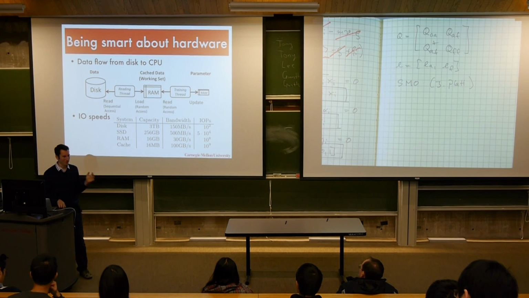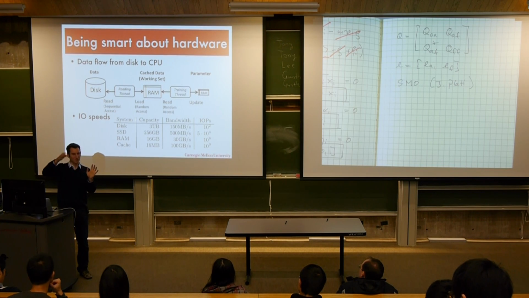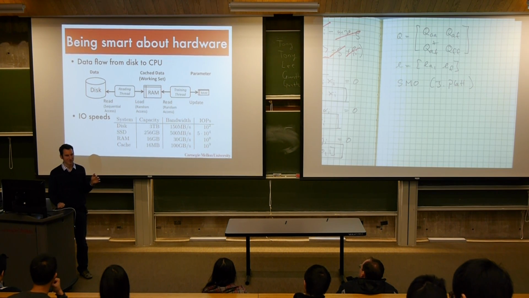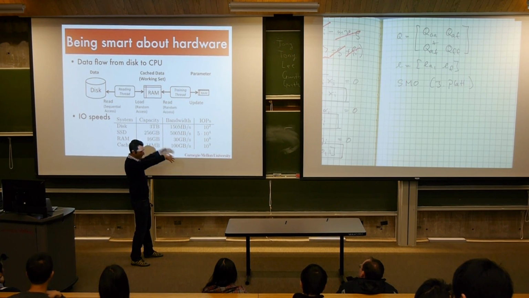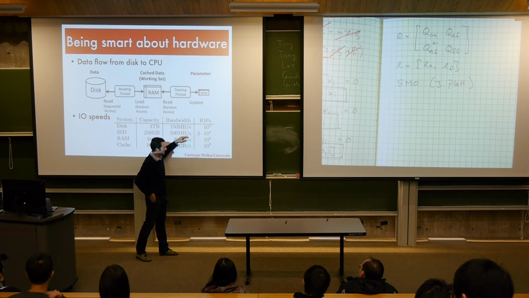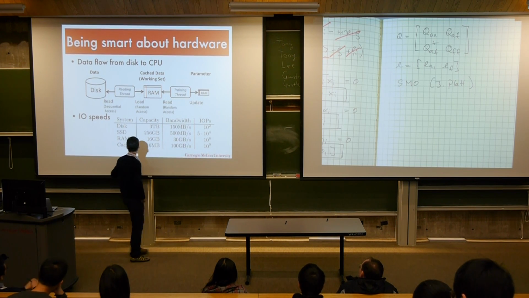What the algorithm in the controller does, if it's a good controller, is reorder things in such a way that you sequentially go through things in a reasonable way. This is why you want to queue up your requests. Sounds like, all of a sudden, we are going from convex optimization to really the nitty-gritty details of hardware. But I'll show you in a moment why this is actually worth it.